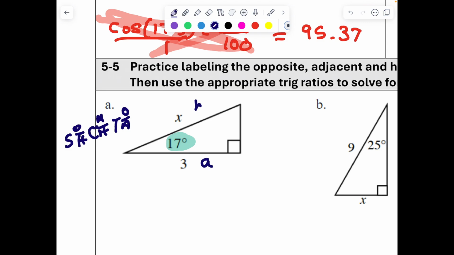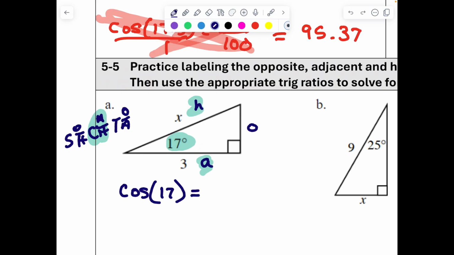This is the adjacent side and the hypotenuse, and we don't have any information on the opposite side, so we're just going to be using the hypotenuse and adjacent. If I look at which one that is, hypotenuse and adjacent, that is the CA in SOHCAHTOA. So we are using cosine for this problem. So the cosine of 17. Now here, A is on top.